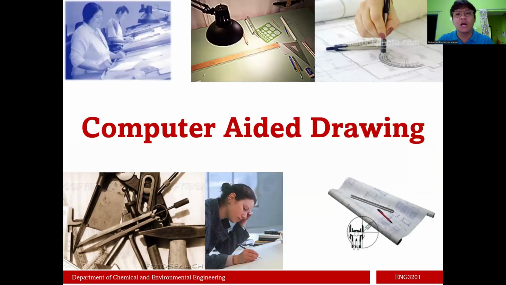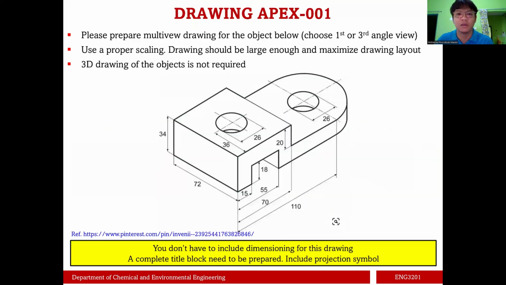As I said, it is computer aided drawing, meaning that you're going to use computer software, AutoCAD, to create our 2D object. We are still in the 2D mode of AutoCAD, so we will prepare a multi-view drawing of the object here, and you have to take note of the drawing number here.